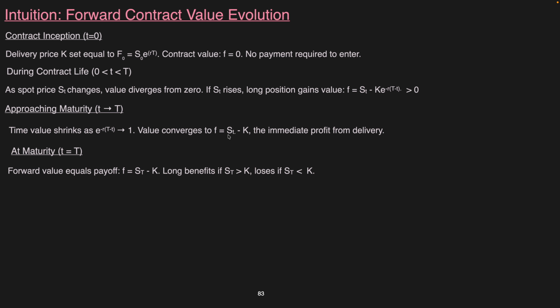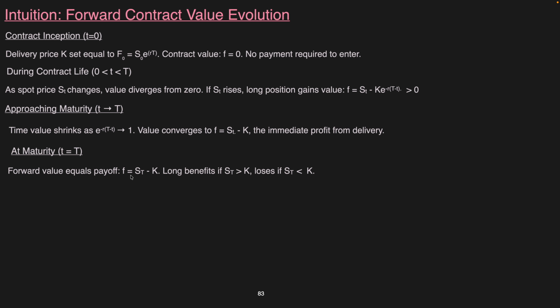See, this S_t minus K concept will be used in the calculation of option prices, and various strategies used in options, like long contract, iron condor, and all those strategies generally follow this principle only. At maturity, small t will be equal to capital T. So forward value equals payoff.